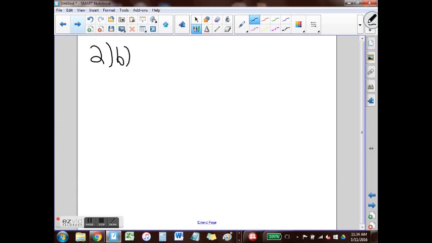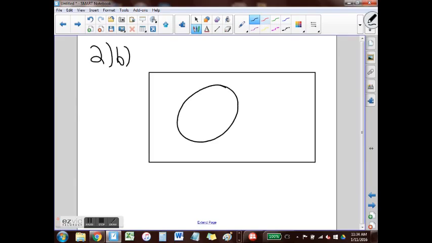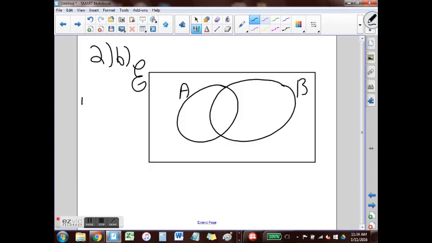So, we'll make ourselves a rectangle here, okay? And I will draw the circles, because last time I tried to make circles, it was a horrible looking circle. So this is B, this is A, here's our universal set. The information we're given is the number in the universal set is 21.